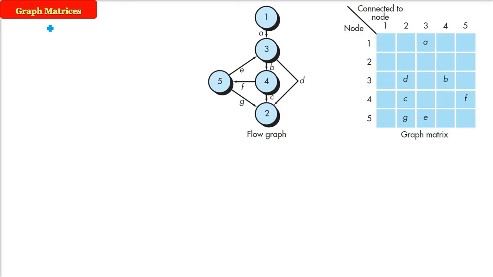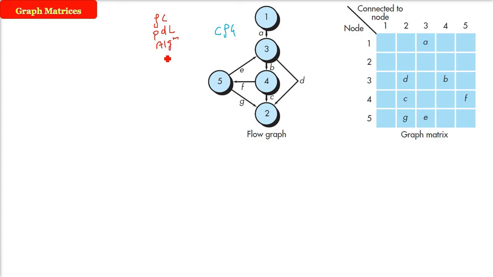Graph matrices. Now, in order to understand the control flow graph, because the control flow graph is all about making it from the flow chart, from the PDL, program design language, or from, say, an algorithm or a data flow diagram.